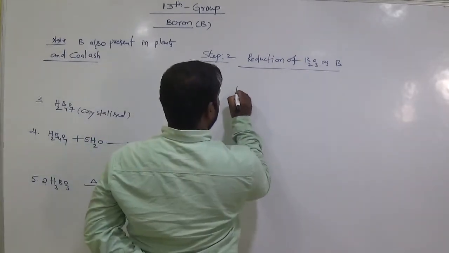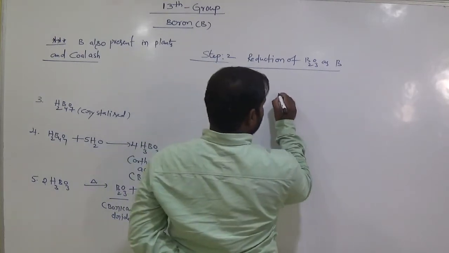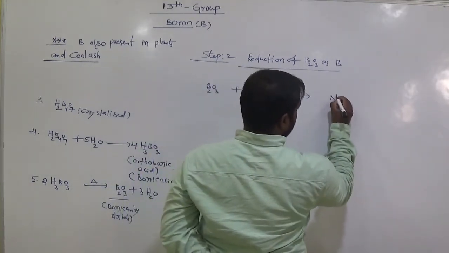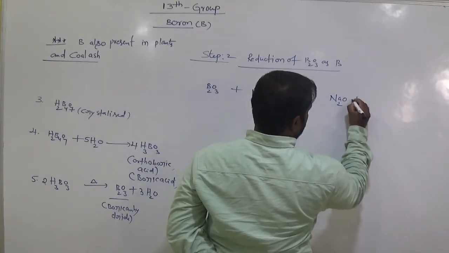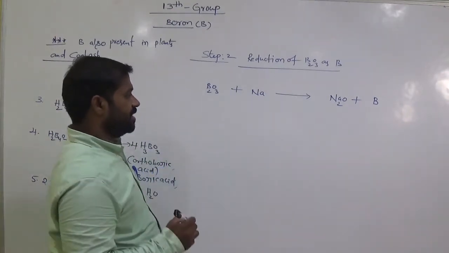Now here let us take B2O3 interact with sodium, so it gives sodium oxide Na2O and boron. Boron is reduced here.